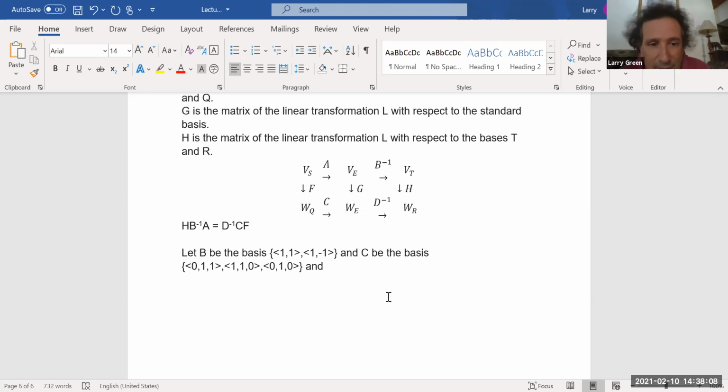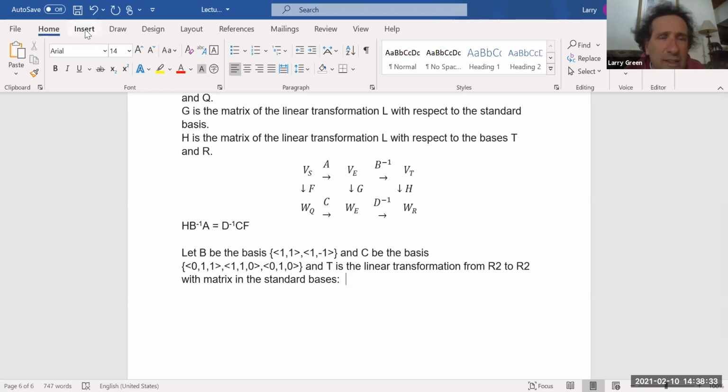And let's suppose T is the linear transformation from R2 to R3 with matrix in the standard bases. And let me draw a matrix.